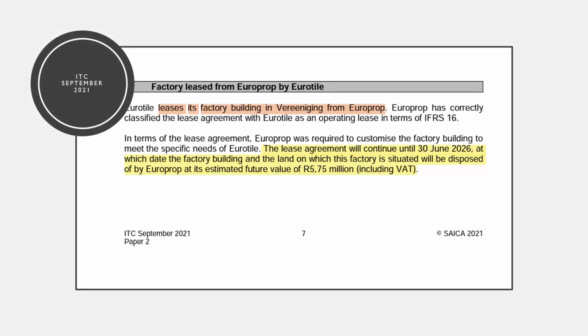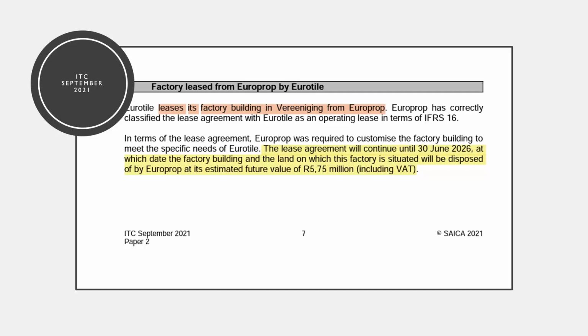Eurotile leases its factory building in Vereeniging from Europrop. The lease agreement will continue until 30 June 2026. This was a 30 June 2021 paper, so it's 5 years, at which the factory building and the land will be disposed of by Europrop at its estimated value of 5.75 million, including VAT.